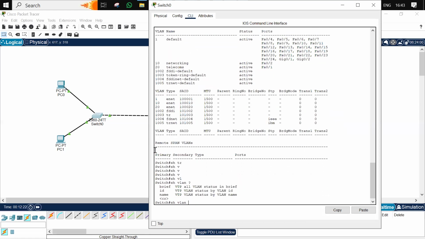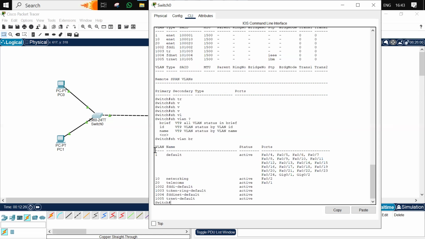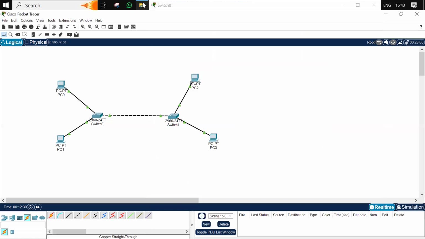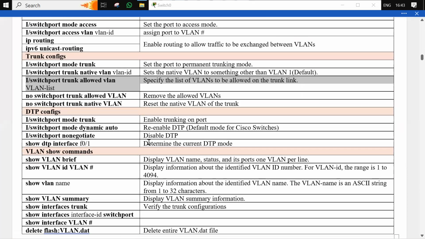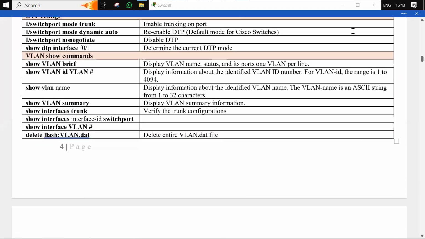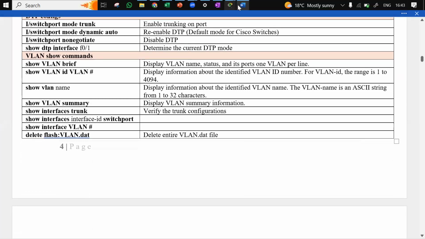And also trunking, ID, name, brief. Which command yanga chance of show trunking bana? Let me see. Show VLAN summary, show interface trunk. All right, show interface trunk.